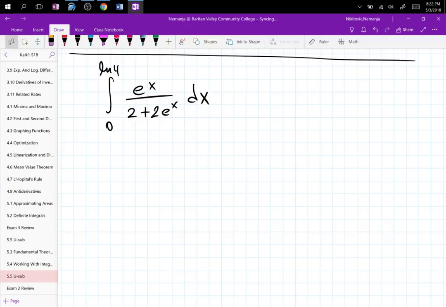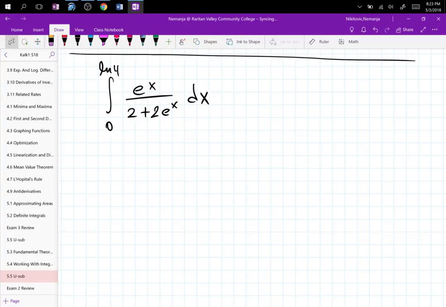It's not always 100%, but most of the time, if you have a rational situation, something divided by something, the denominator should be u. Because you can never have du in the denominator.